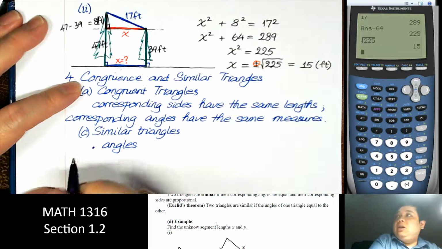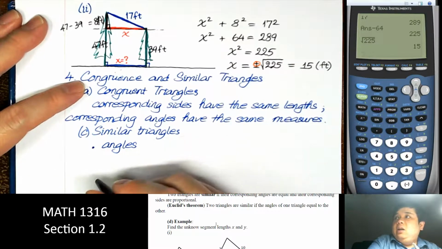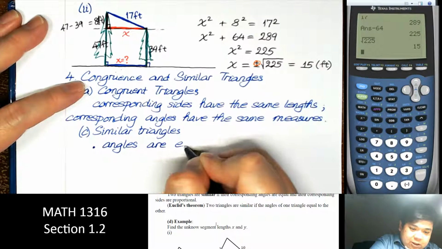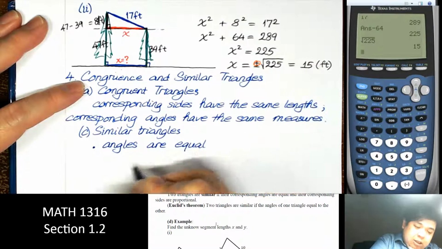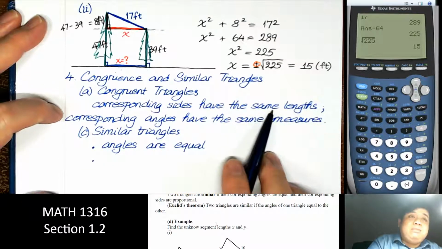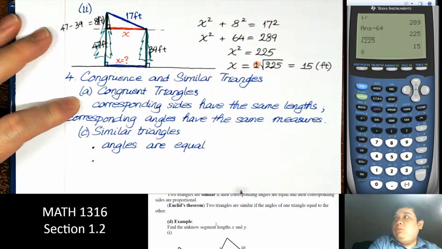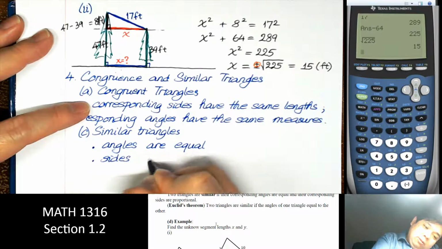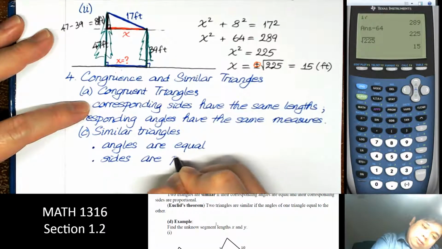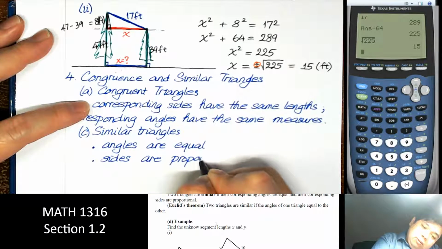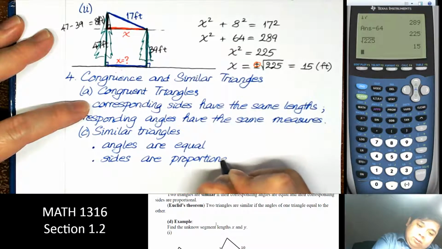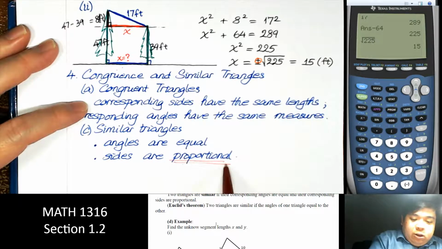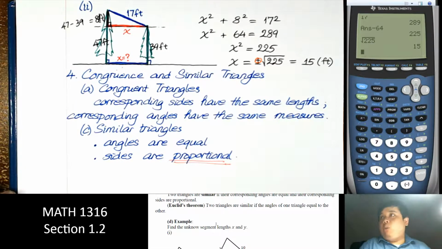Corresponding angles are equal. The sides don't have to have the same length, only need to be proportional. And this is very important, that the sides are proportional.